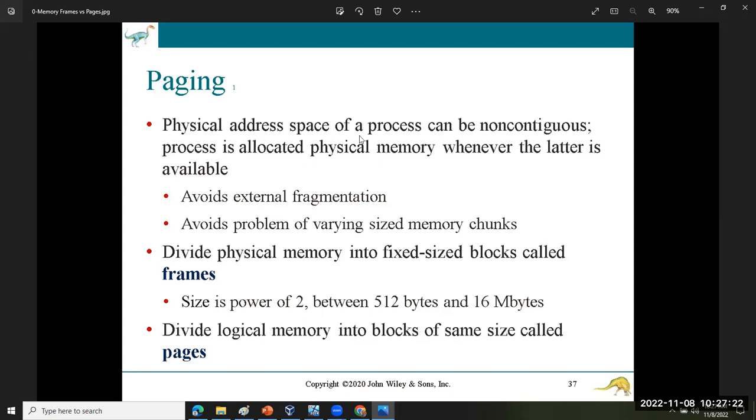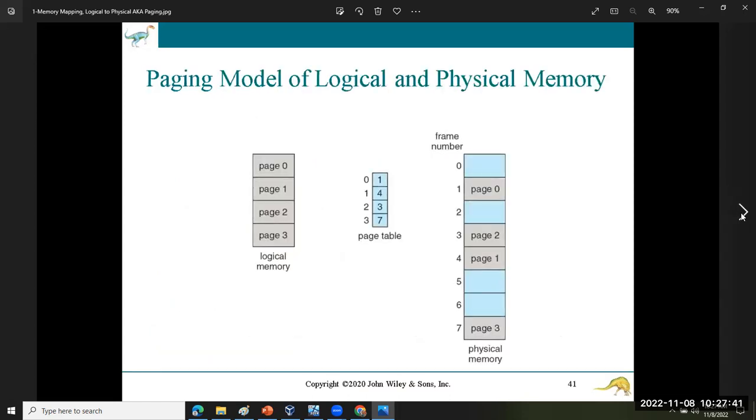So the physical address space of a process can be non-contiguous. And that's the thing that we want to call out, and why paging is such a necessary memory management concept. Any questions about this? None for me.